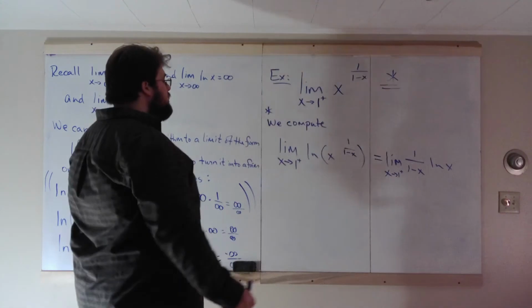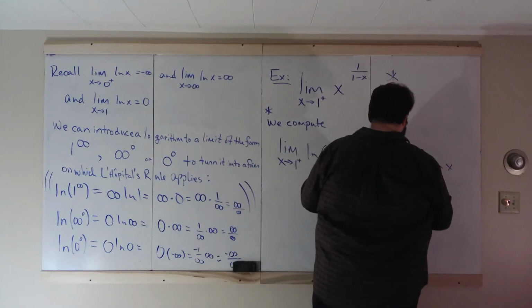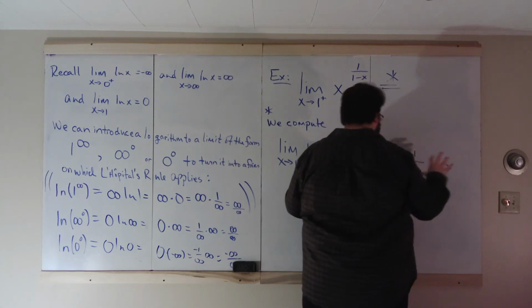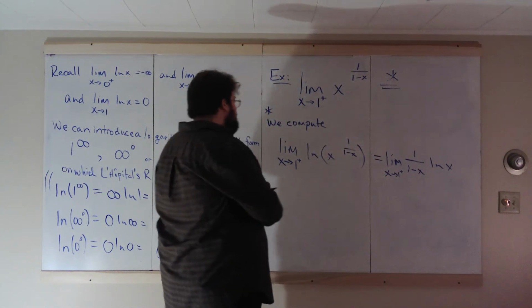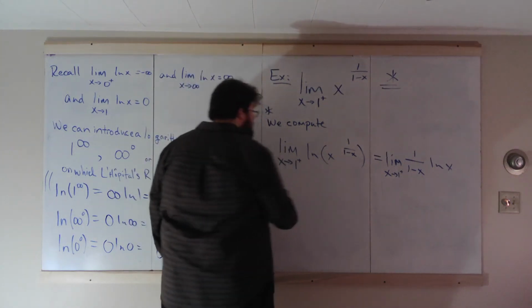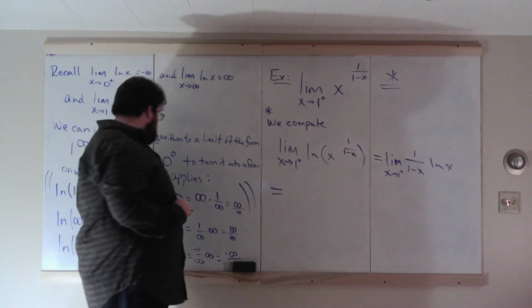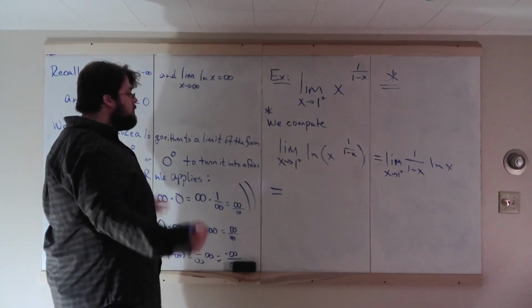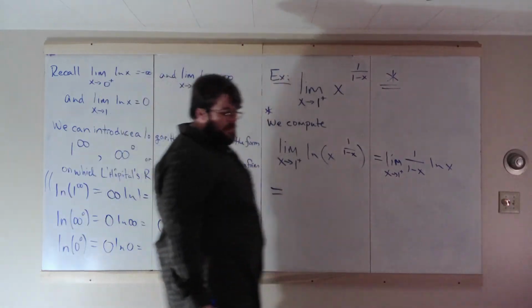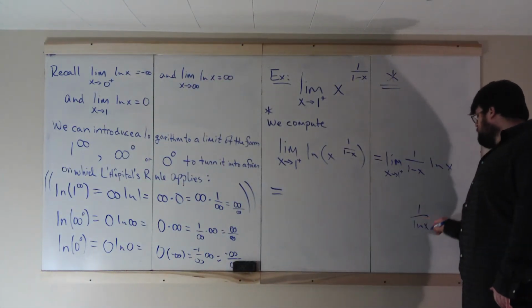What happens if you try a substitution? Well, you get an infinity times a 0. Well, we can write that as a fraction. We can take the infinity. This is one of those cases where, well, if we threw the logarithm in the bottom, we'd have to differentiate 1 over log x.